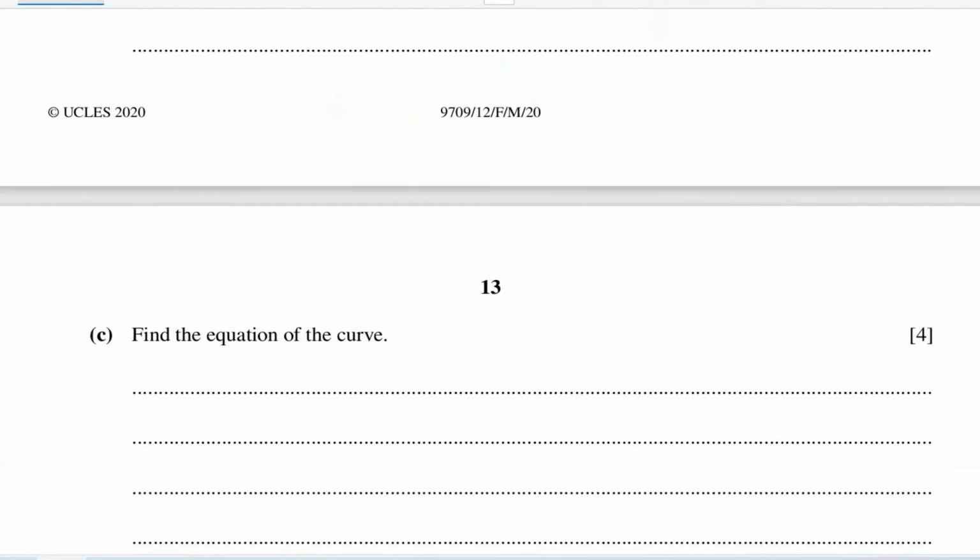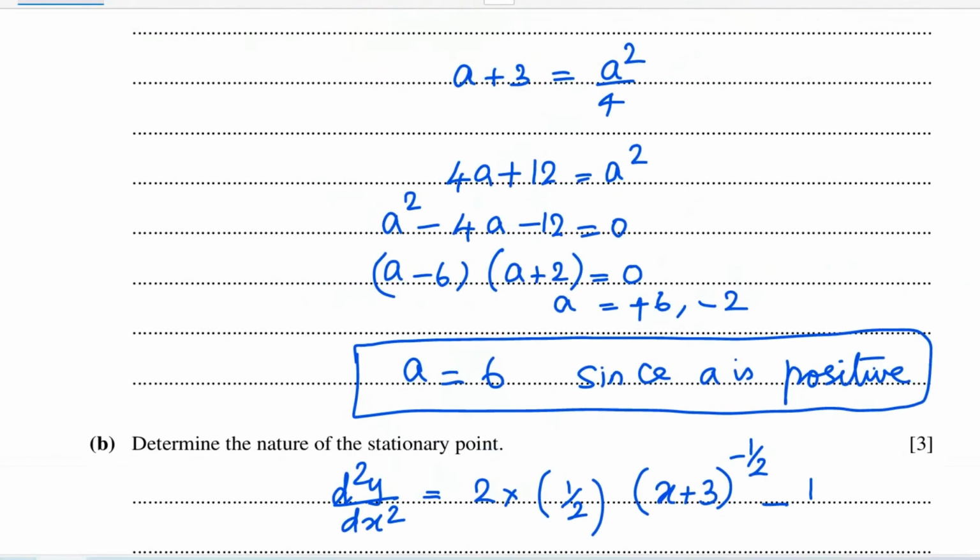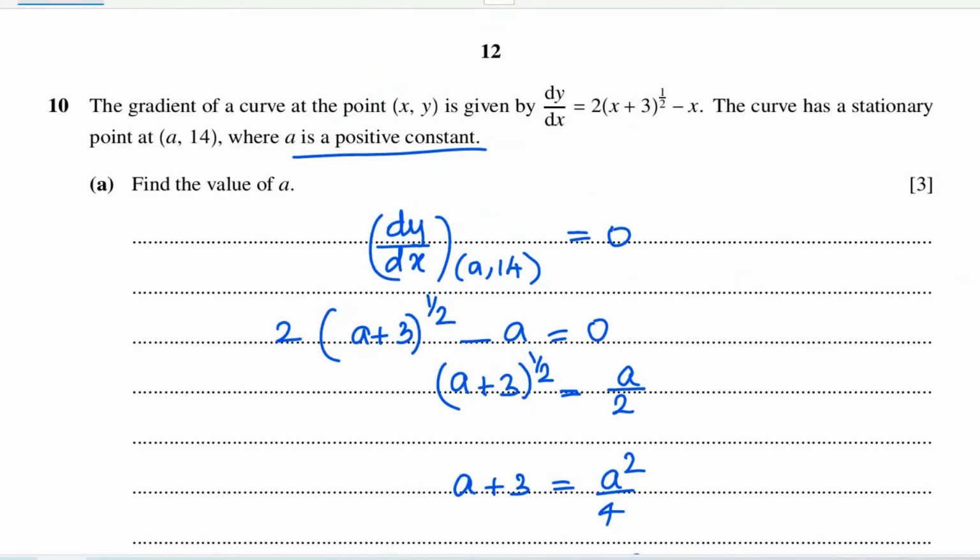Find the equation of the curve. So dy by dx is given. From that we need to find what is the y value.